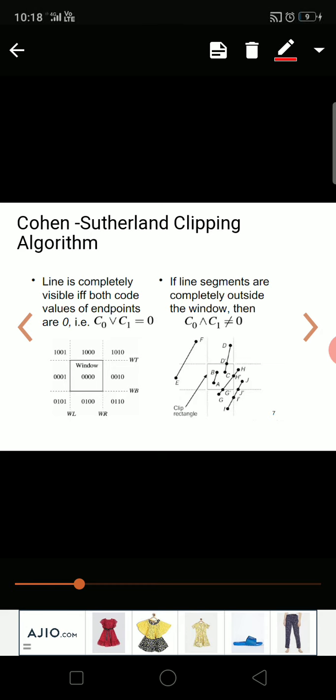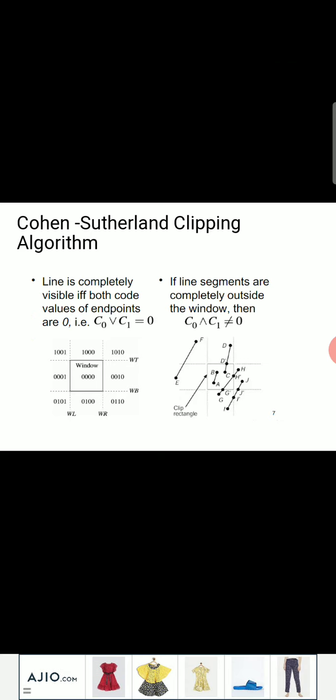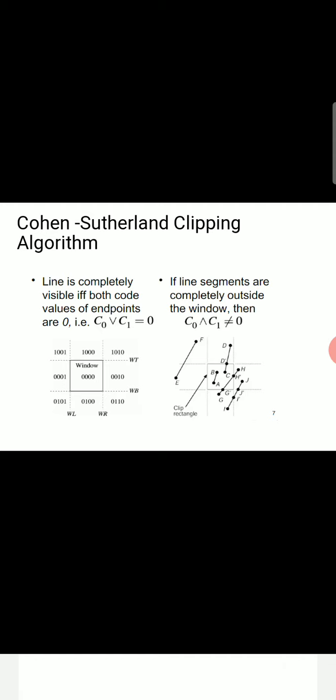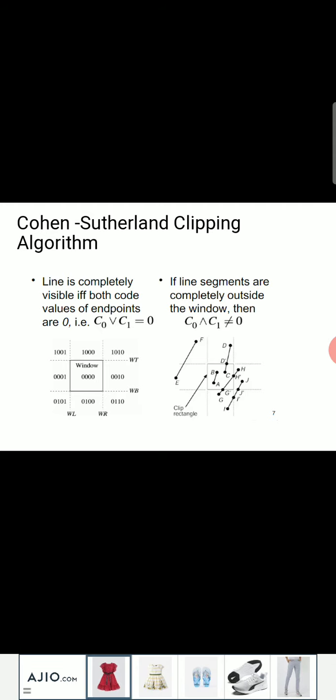After we calculate the location code of each endpoint, we need to perform bitwise logical operations on them to find whether the line is completely visible. We apply the logical OR operation on the location codes.